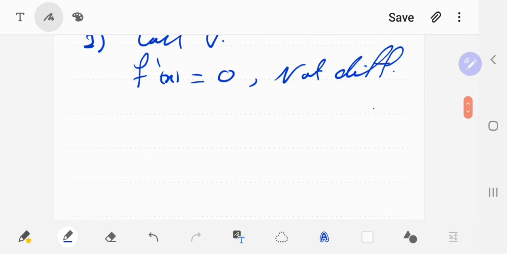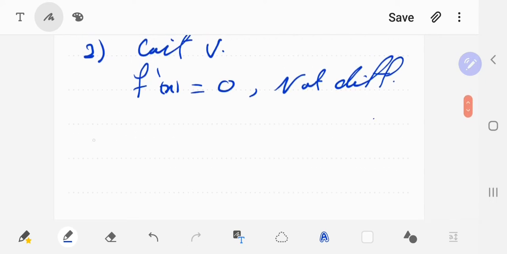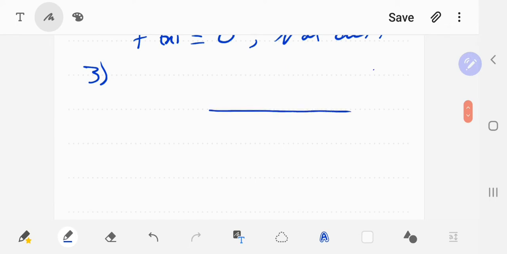When you are done with finding the derivative and finding critical values, the third step will be checking the sign of f prime on a number line. Let's say that we have a value c as a critical value. Then we need to check the sign of f prime by substituting values in f prime.